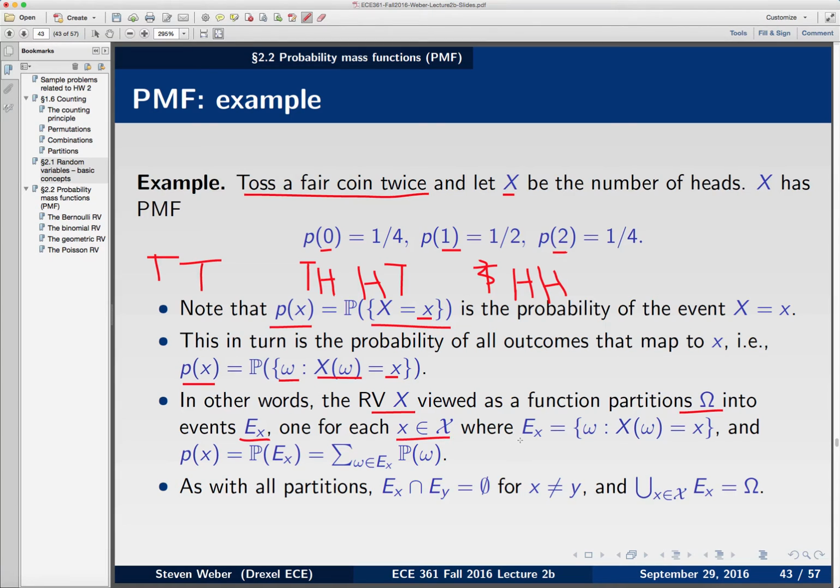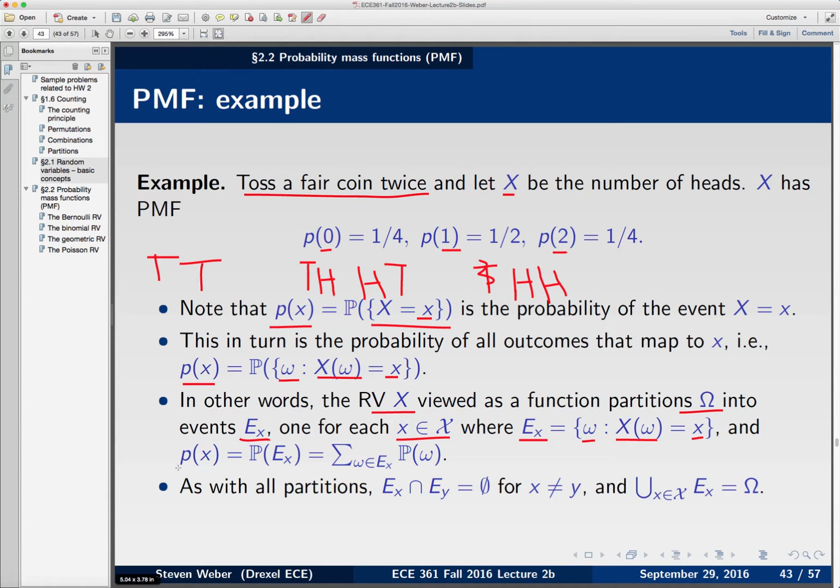In particular, E sub x are all outcomes omega such that the random variable X takes the same value x. For example, if I consider x equal to 1, then E sub 1 are all outcomes that map to 1, in this case the outcomes being tails heads and heads tails.